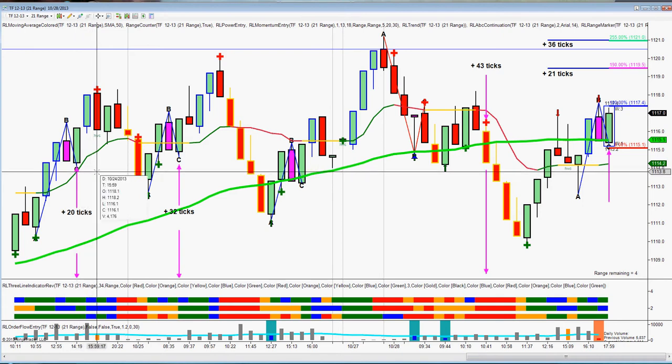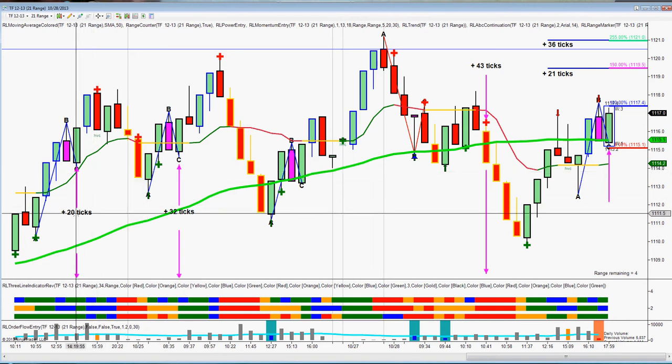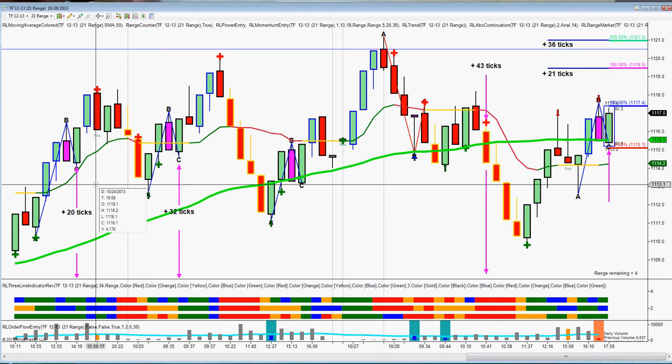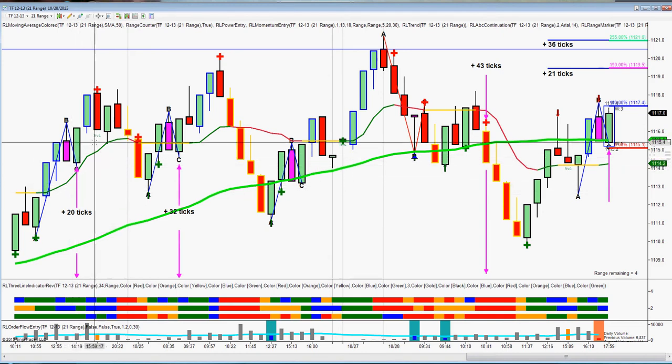The high was 1118.2. Actually, it was a 19-tick trade, and this occurred intraday. It was a very strong intraday move, and took place over a period of about an hour, an hour and 20 minutes. So, in the space of an hour, we had a nice 20-tick trade.